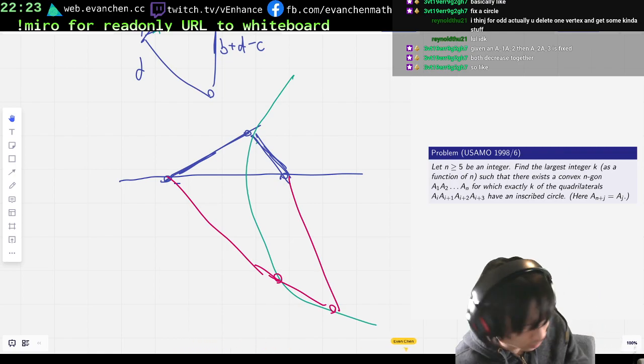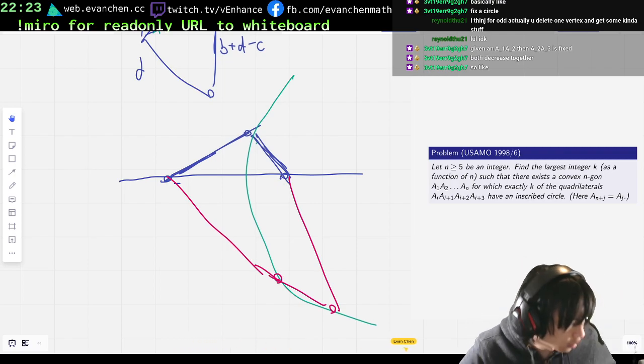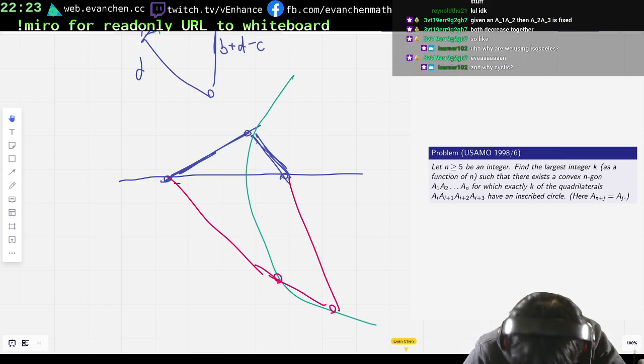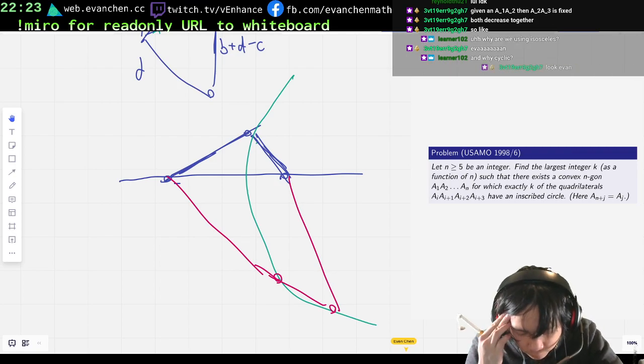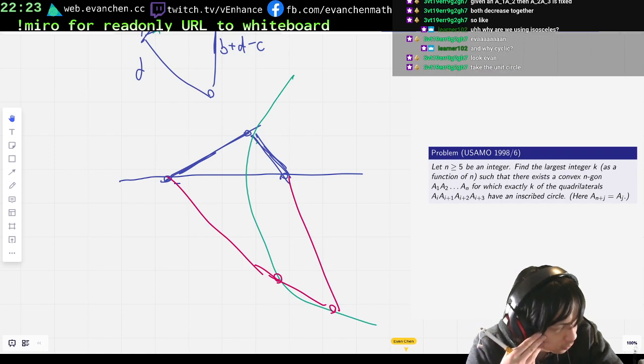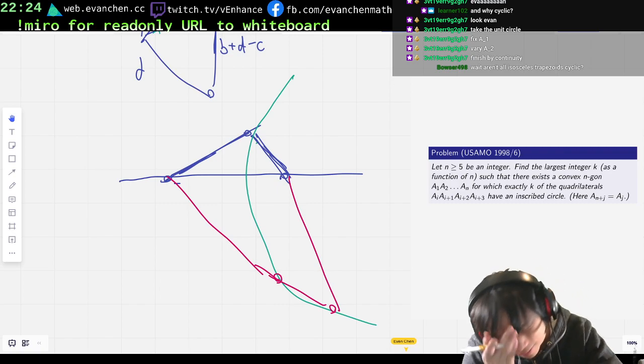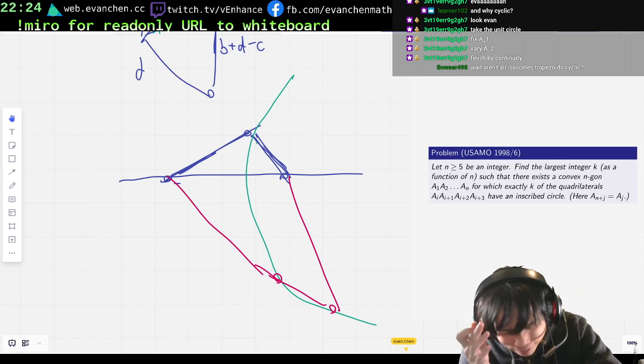I feel like this doesn't work. Take the unit circle. No, it's not the cyclic, we're trying to get that inscribed.